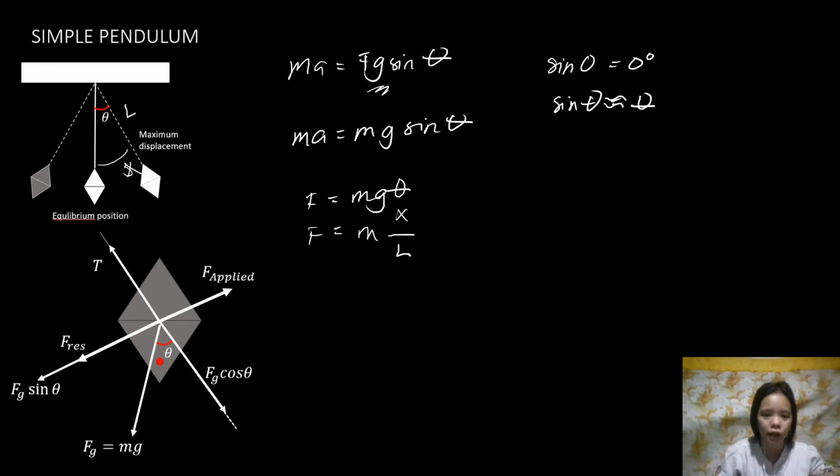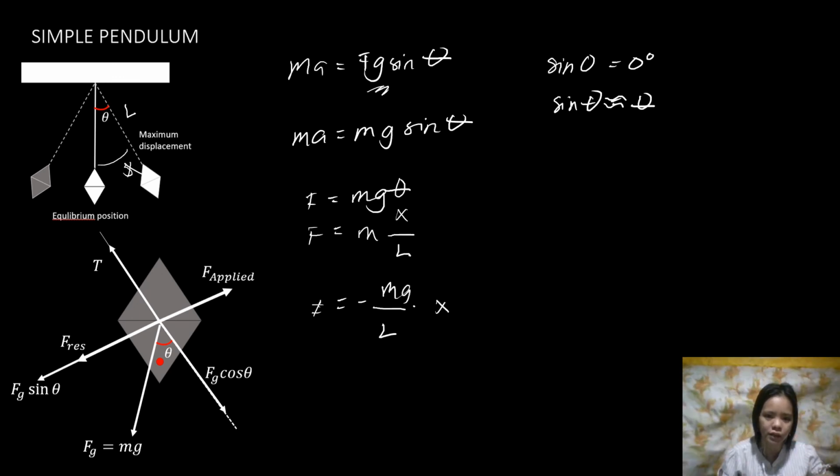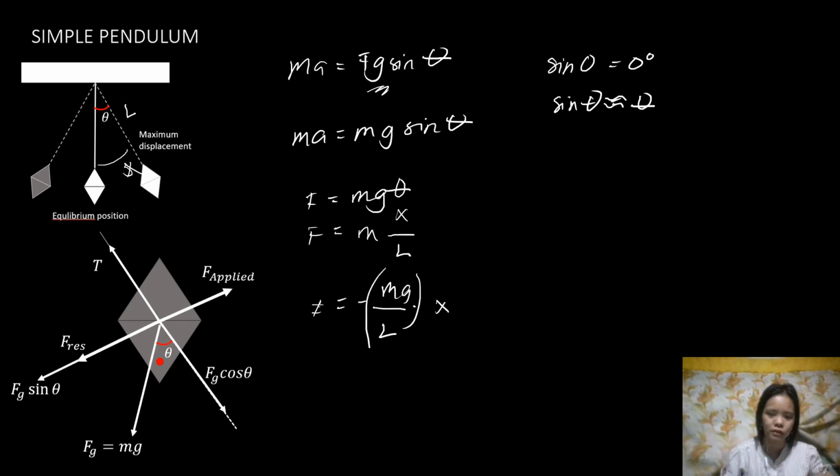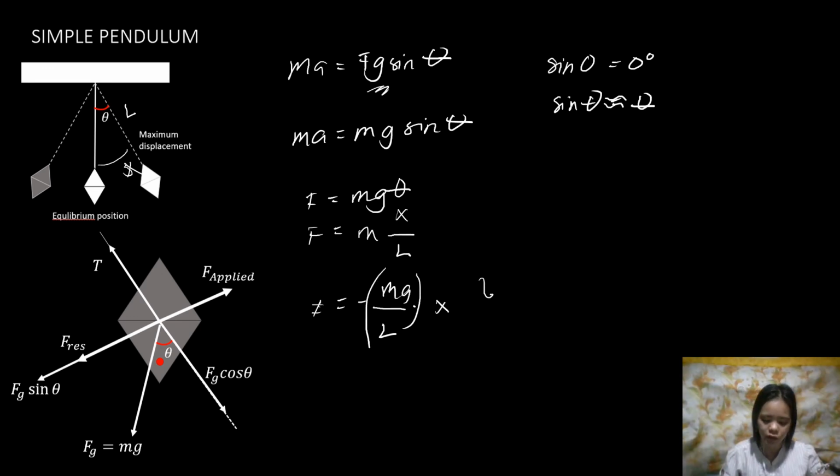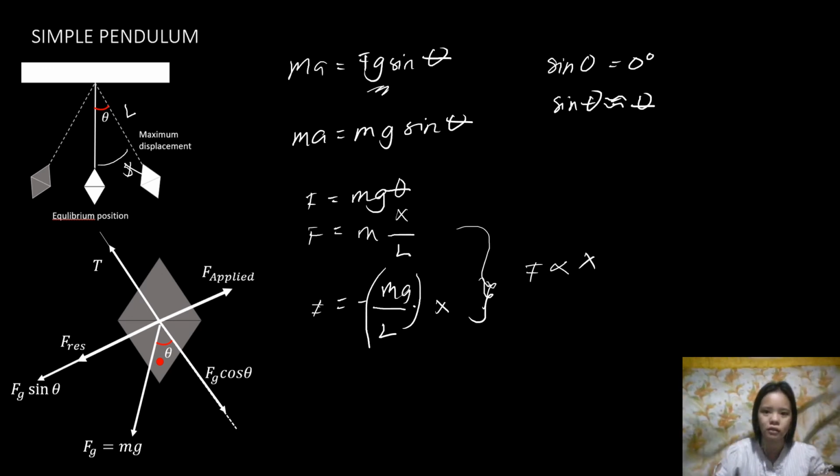Because we're looking for the restoring force, we will now get force is equal to negative mg all over the length multiplied by x. This proves that force is proportional to x.